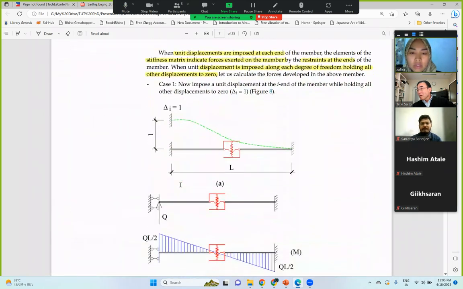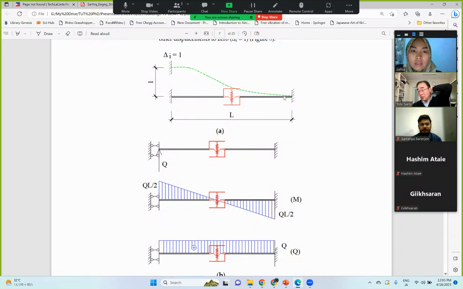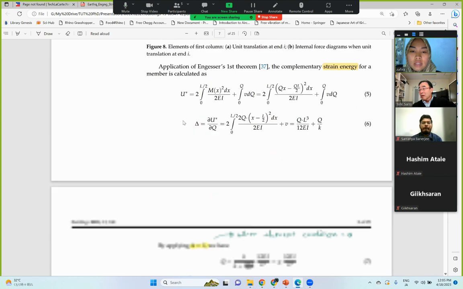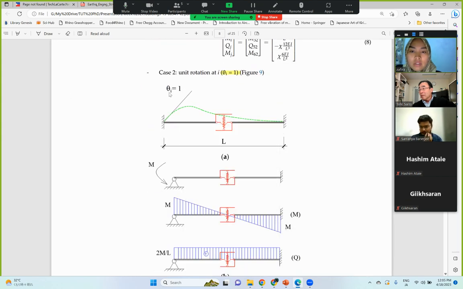Here it considers the displacement equal to 1, with the other variables fixed. The second one assumes that the rotation is equal to 1. They try to get a better stiffness matrix.